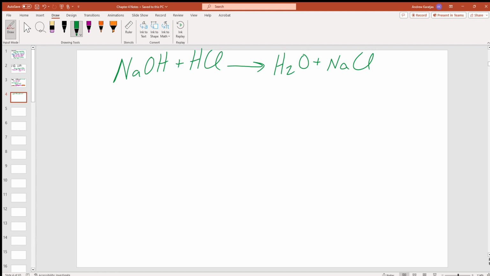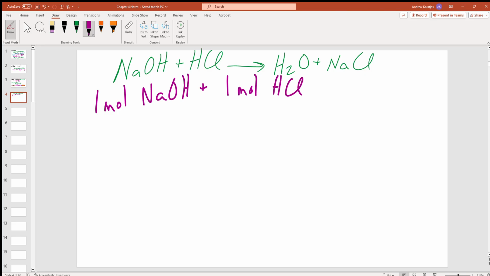But we can also think of this as 1 mole of sodium hydroxide plus 1 mole of HCl reacts to form 1 mole of water and 1 mole sodium chloride.